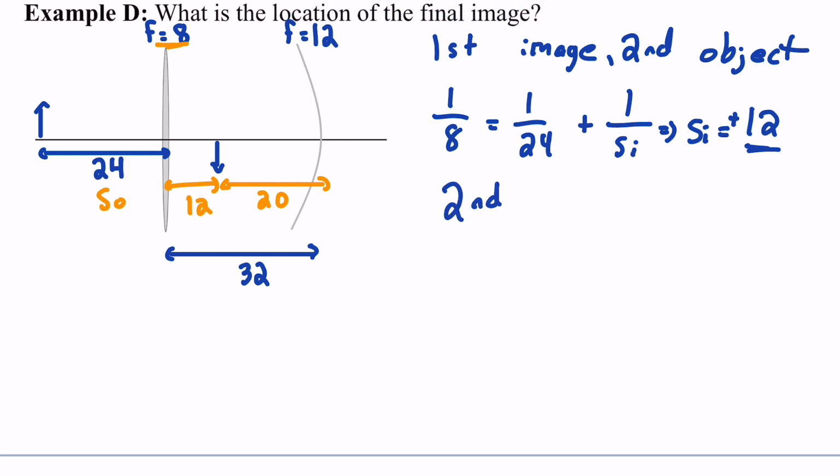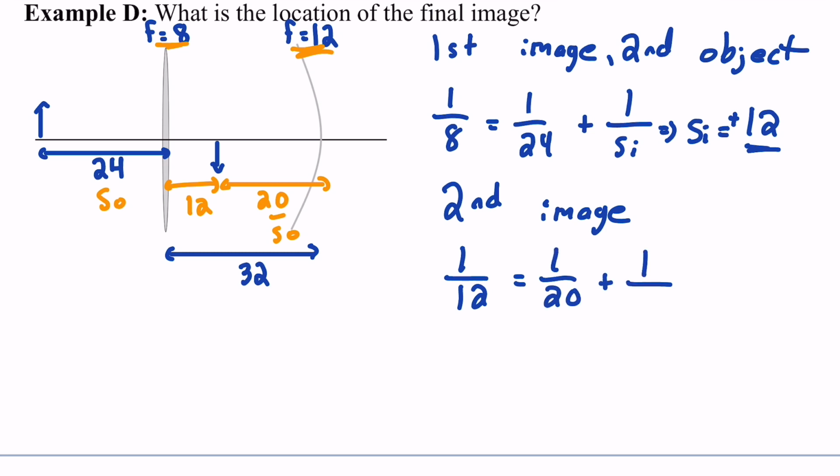Now when I find the second image, using the lens's image as my object, I have a mirror focal length of 12, and now this 20 is my new SO. And here the mirror equation says that 1 over 12 equals 1 over 20 plus 1 over the mirror image distance. Solving this gives an image distance of 30.